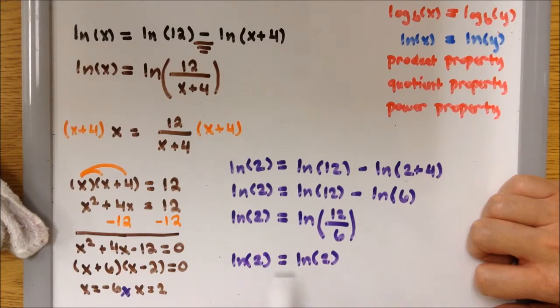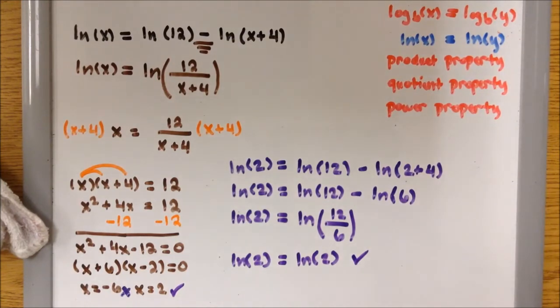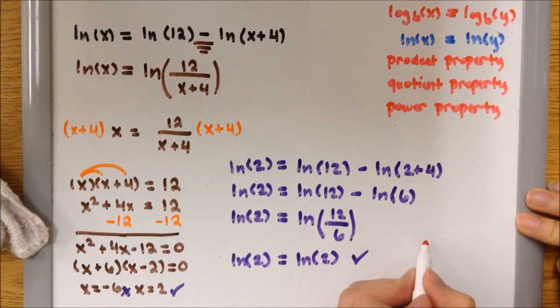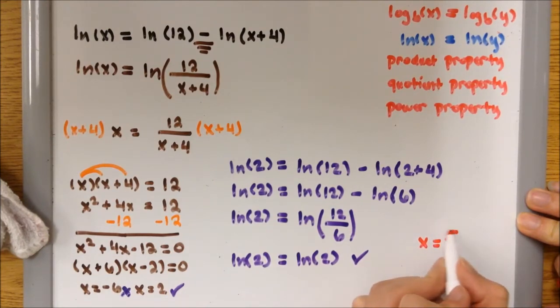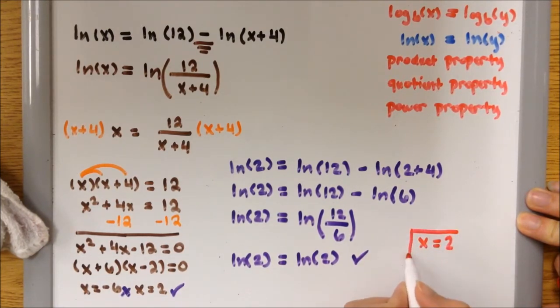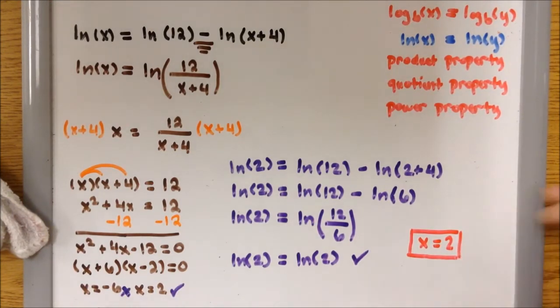Natural log of 2 on the left, natural log of 2 on the right, so this works. So x equals 2 works. Therefore, in this example, the only solution that worked was x equals 2. x equals 2 is our final solution. x equals negative 6 is undefined, so we're not going to use that in our final answer.